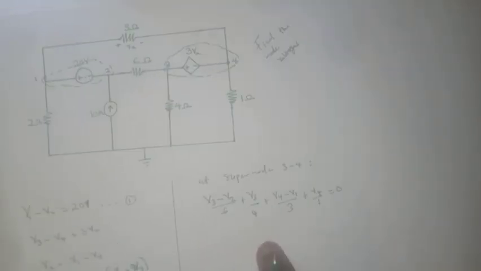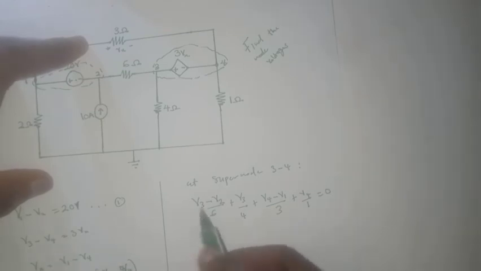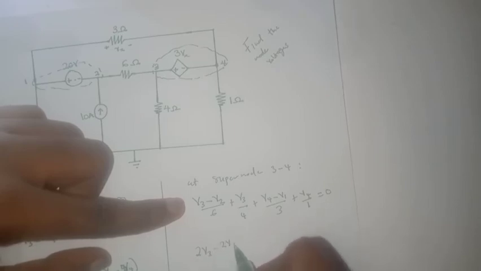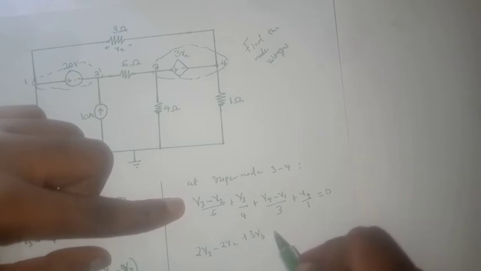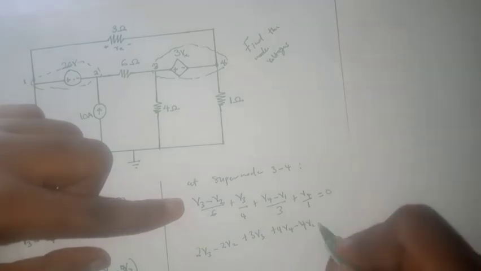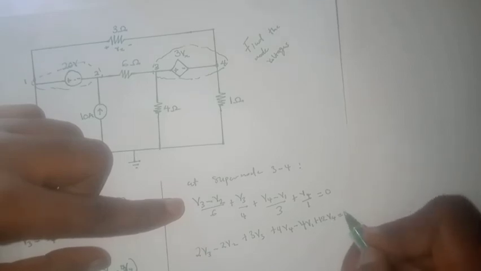We can then simplify it by multiplying through by 12. So that would be 2V3 minus 2V2 plus 3V3 plus 4V4 minus 4V1 plus 12V4, all equals 0.